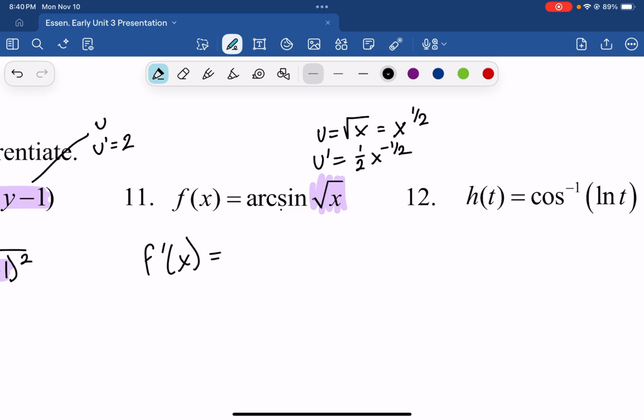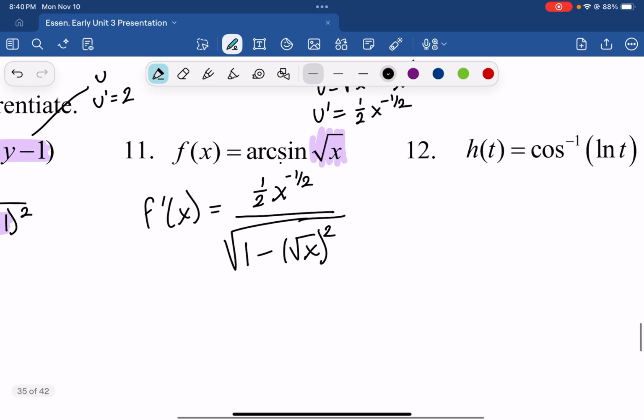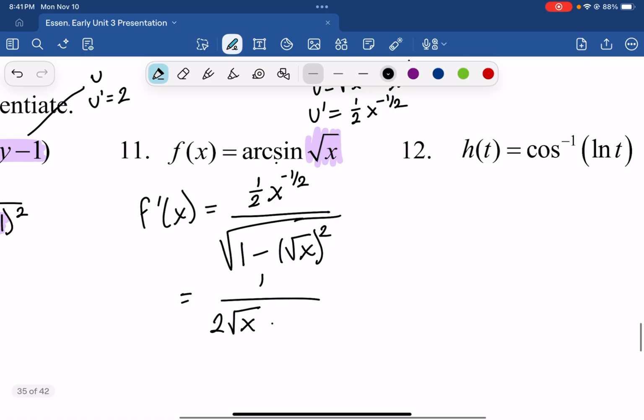The derivative of arcsine of u is going to be u prime over the square root of 1 minus u squared. Okay. And I can simplify this, right? The 1/2 x to the 1/2 is going to pop into the denominator. And then the square root of 1 minus the square root of x squared, right? Those are going to change into 1 minus x.